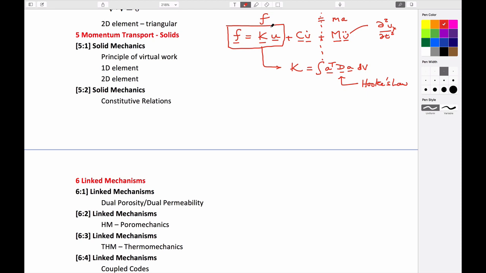And so the external virtual work you do, if I just draw this out here: if I push here with some force, and it goes through some displacement in shortening this, which is delta U, then the work, which is force times distance, is equal to F times delta U.